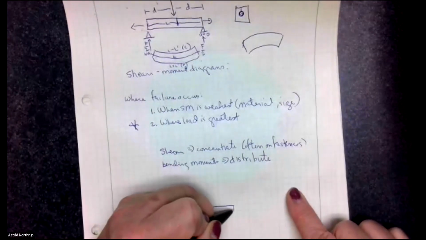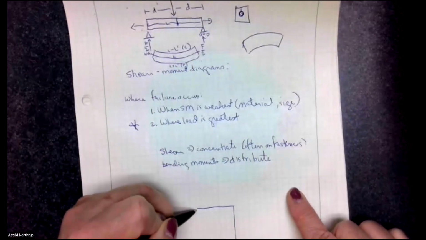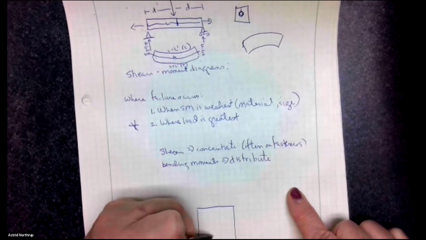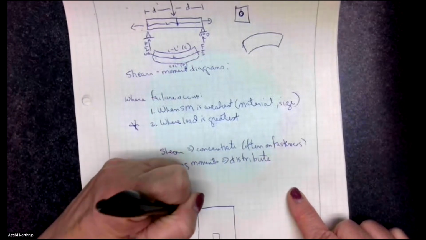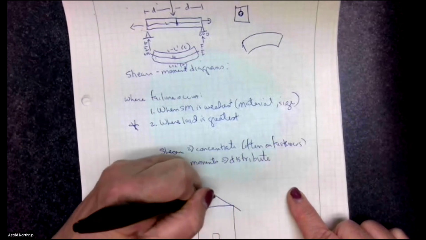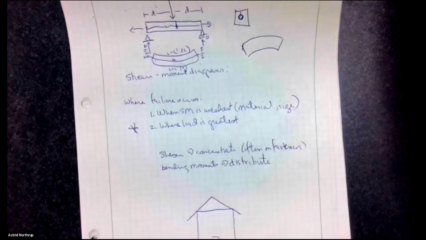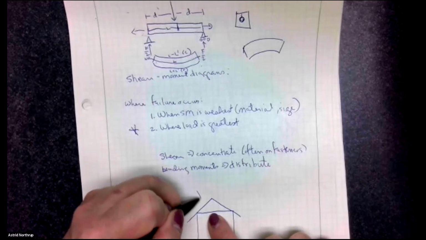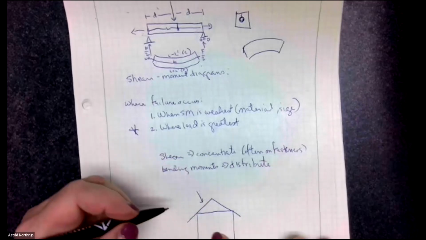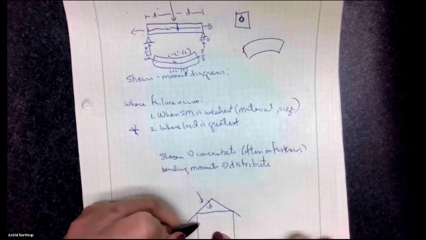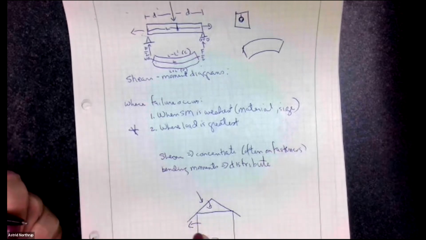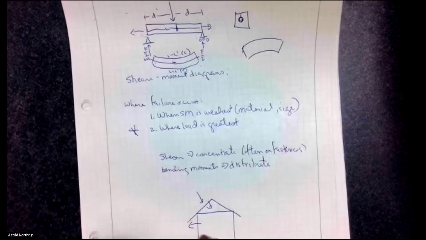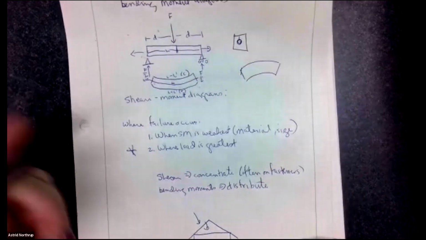for example, I'm going to draw my conception of what a house looks like, okay? Please forgive me, anybody who actually has lived in a house, you'll know that this is quite simplistic. Okay, what happens with a house? Well, if you have wind blowing on the roof, that's going to tend to push this way, which is going to tend to push the walls this way, which tends to make everything fall down, which is a terrible idea.